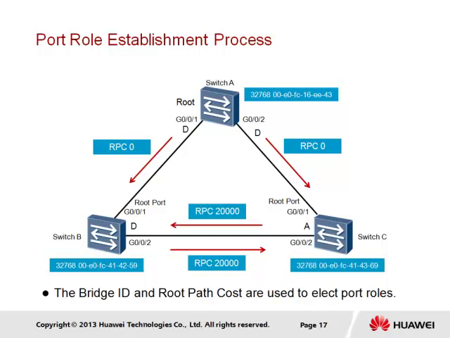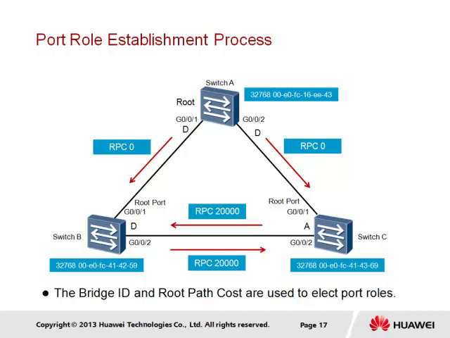For the path via switch C, the root path cost received is 20,000, and when added to the path cost of interface gigabit Ethernet 0/0/2, will give a root path cost of 40,000, which represents a less preferable path to the root, and so interface gigabit Ethernet 0/0/1 assumes the role of the root port via which BPDU from the root bridge are processed. Any BPDU received via interface gigabit Ethernet 0/0/2 will be received but not processed.